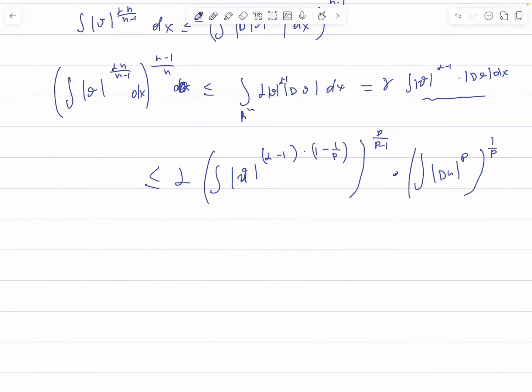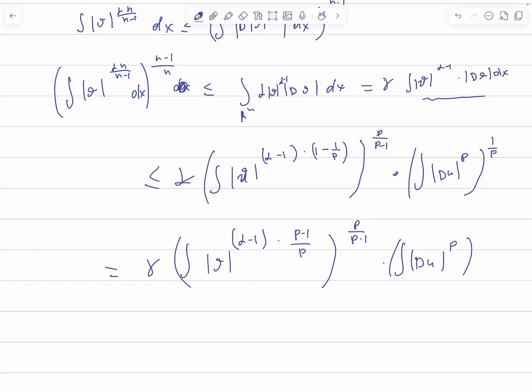Now we need to choose lambda in such a way that this one becomes similar to this one, in order that we could take this one to the left side.